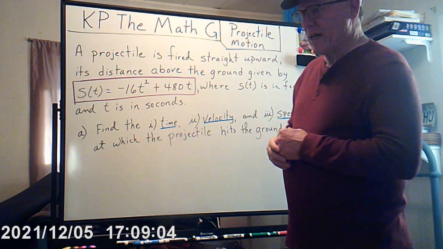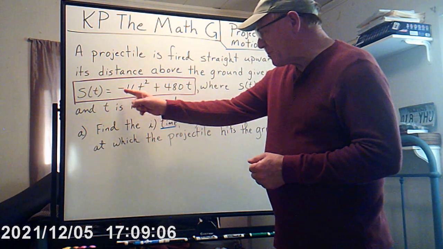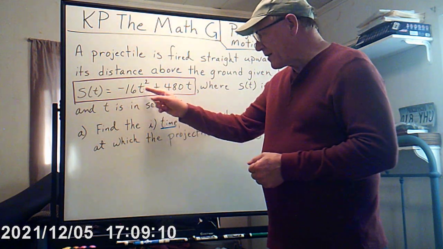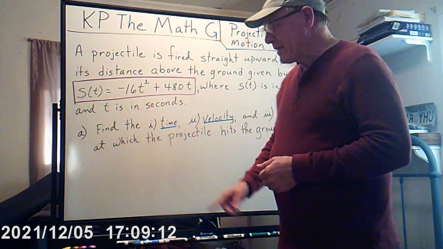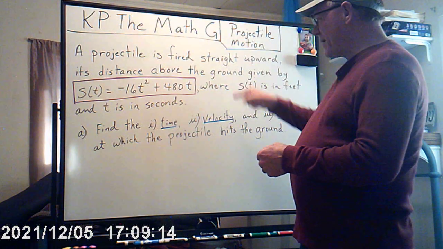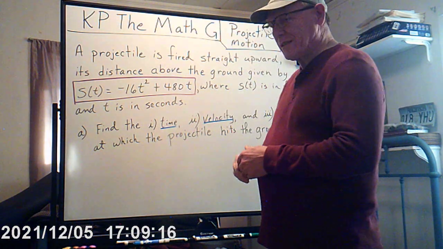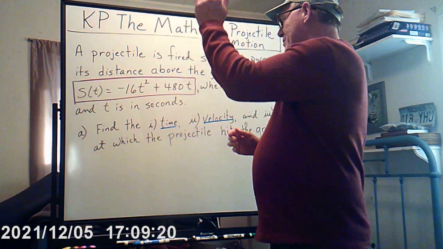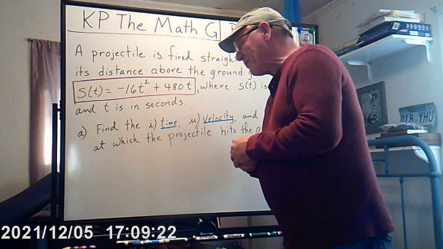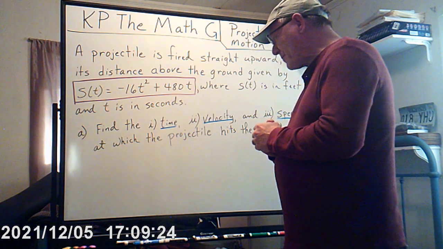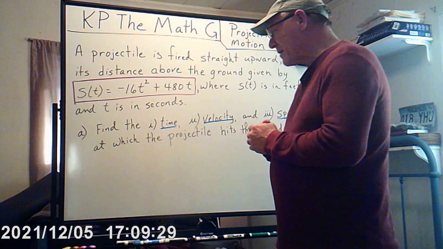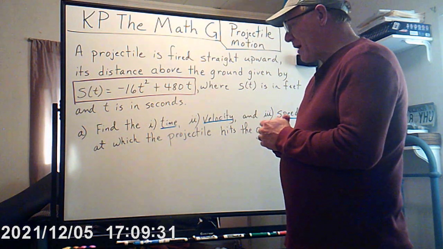It is concave downward, because the leading coefficient, the t² coefficient, is negative, so it goes up and then comes down, as it should, because it is a projectile that was fired straight upward.